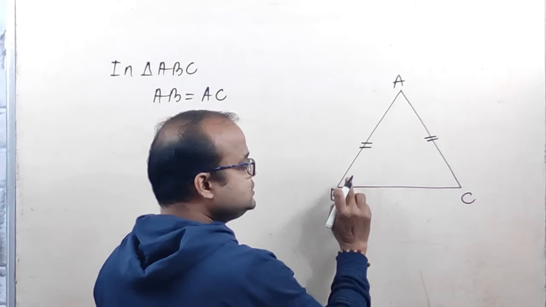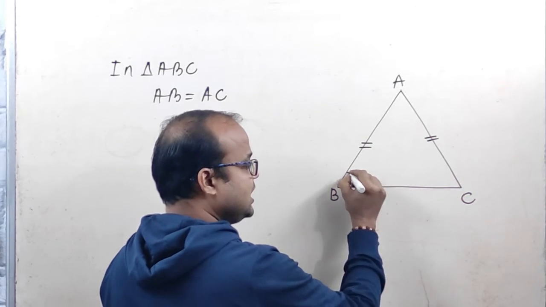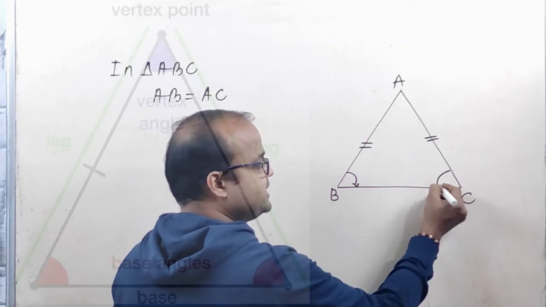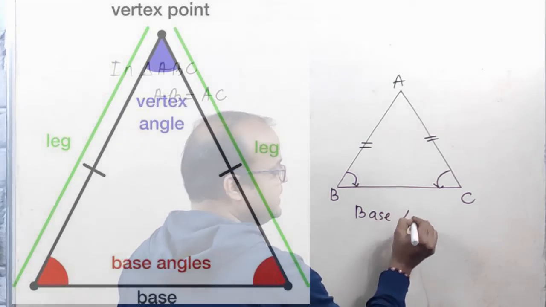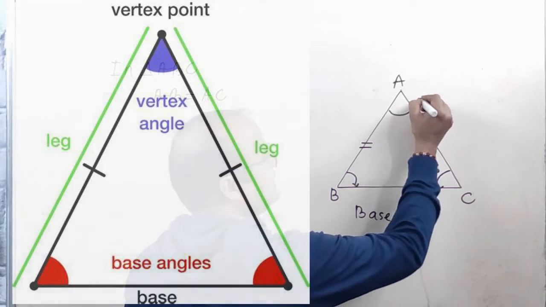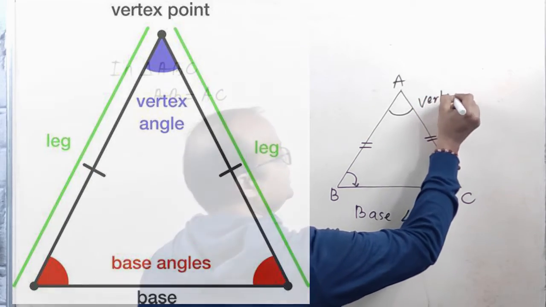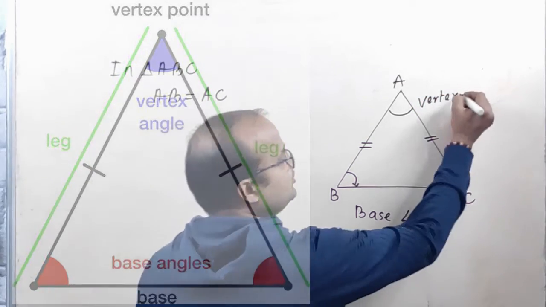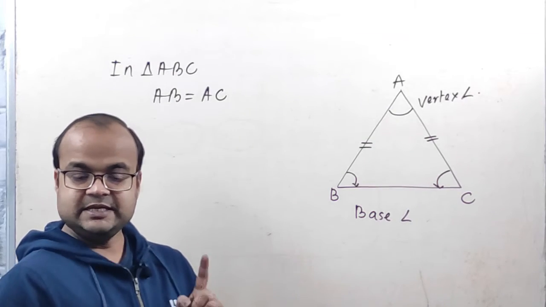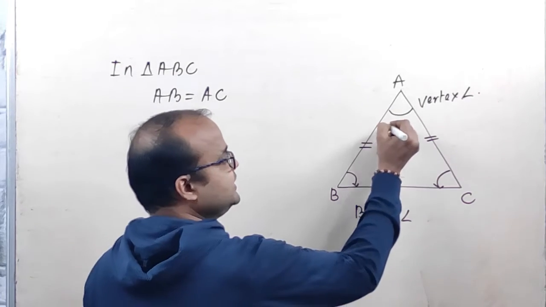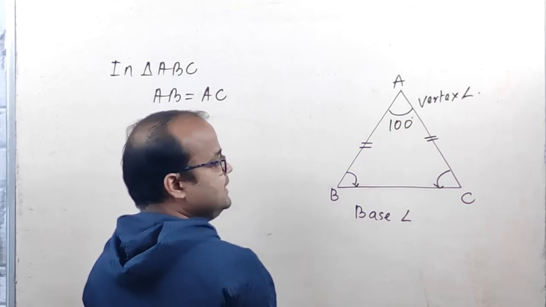Now these two angles are called base angles, and this is the angle called the vertex angle. Now the vertex angle is given as 100 degrees.